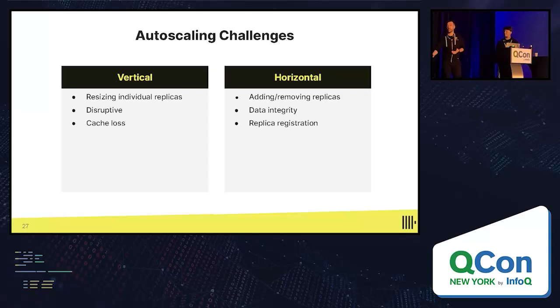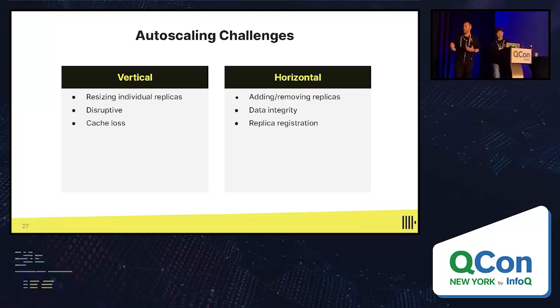Also not a great experience if there are important system processes such as backups running on that pod. And because we have automated backups in our ClickHouse Cloud, we didn't want to be interrupting backups, in emergency situations when customers might actually need them. So we don't want to interrupt their queries or their backups.